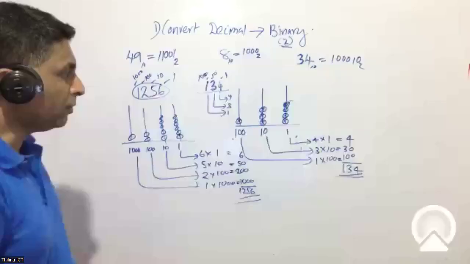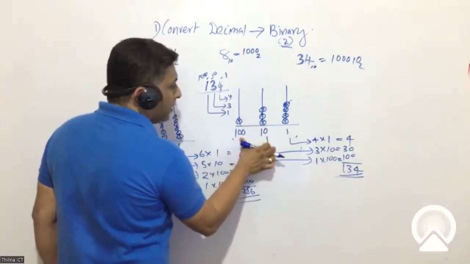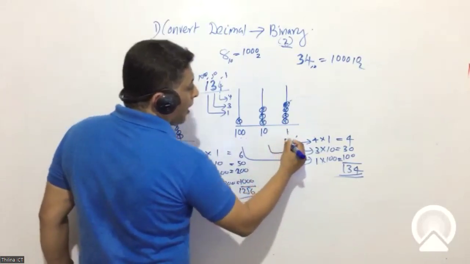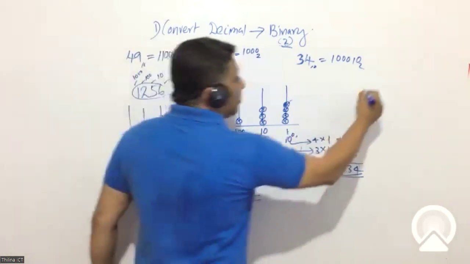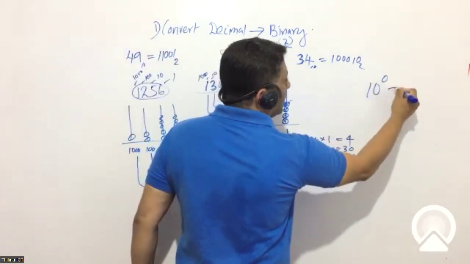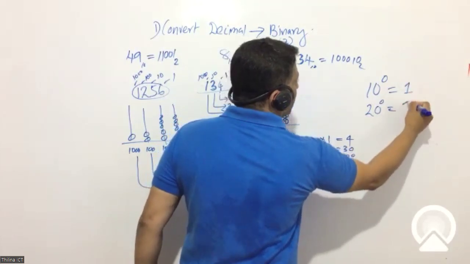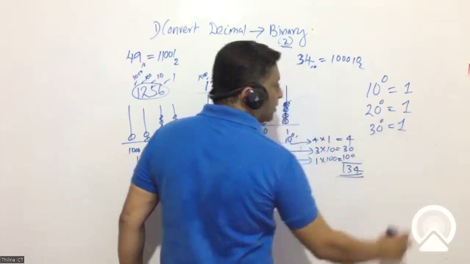Yes, sir. Right. So we need to give weightages here, to these positions. What 1 represents is 10 to the power 0. If you take any number, 0th power, that is 1. Last time also I said this same thing.